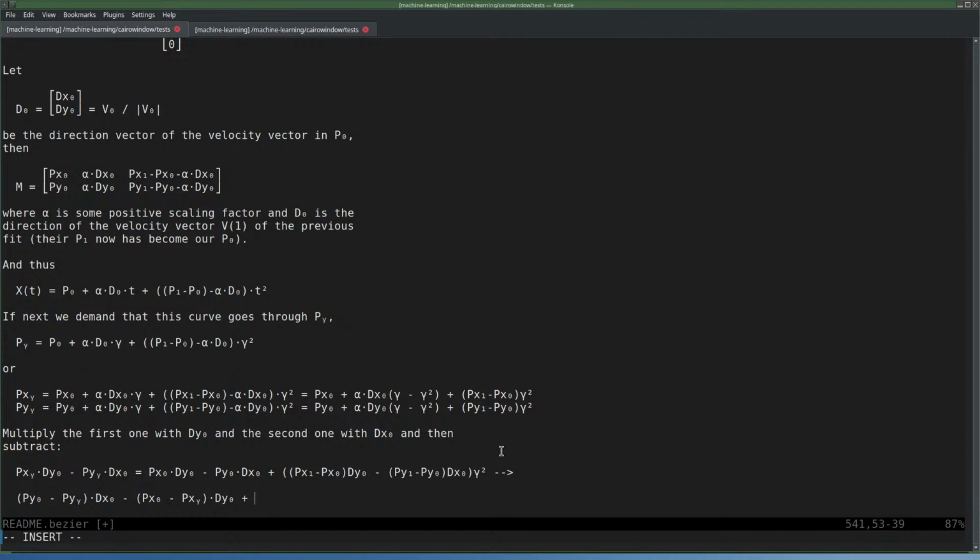Plus this times dx0 minus this times dy0, all the times gamma squared.